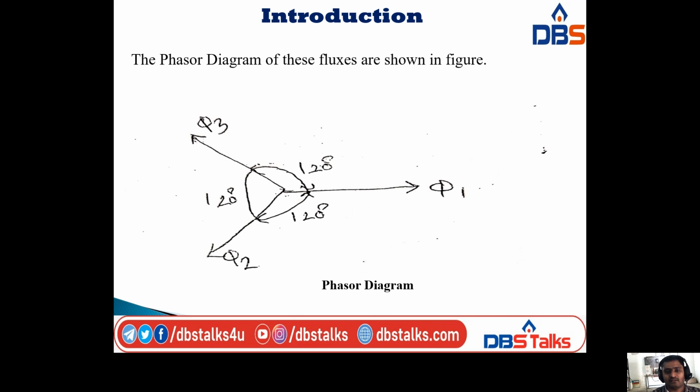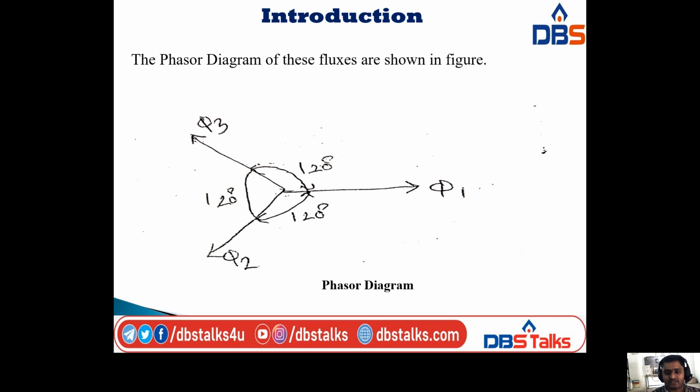Now the phasor diagram of these fluxes is shown. We have three phases, and in the three phases we have the alternating flux due to the current flowing in those phases. We have three fluxes, phi 1, phi 2 and phi 3 respectively.